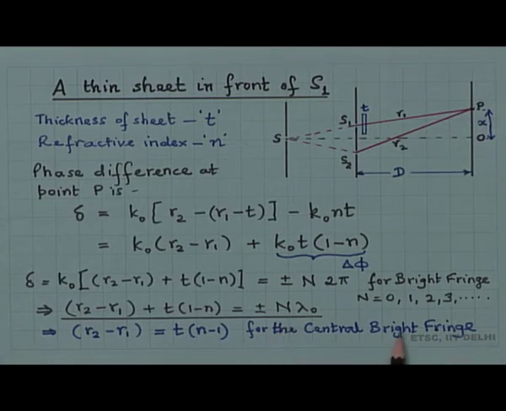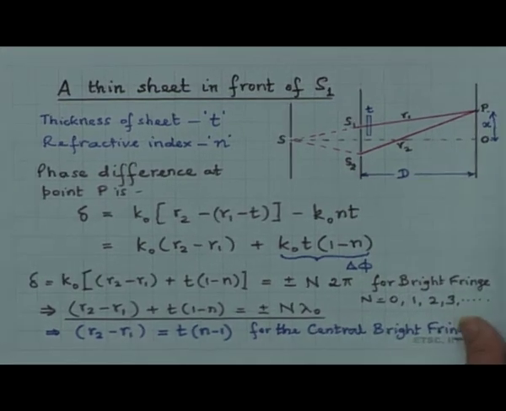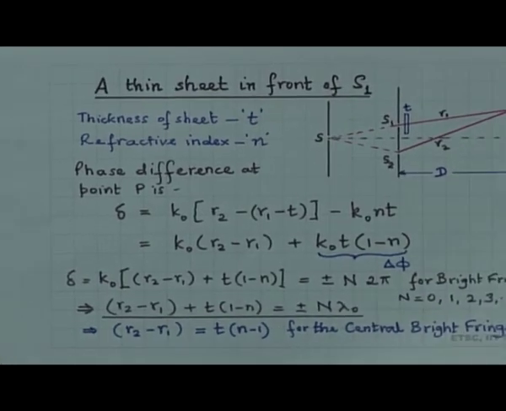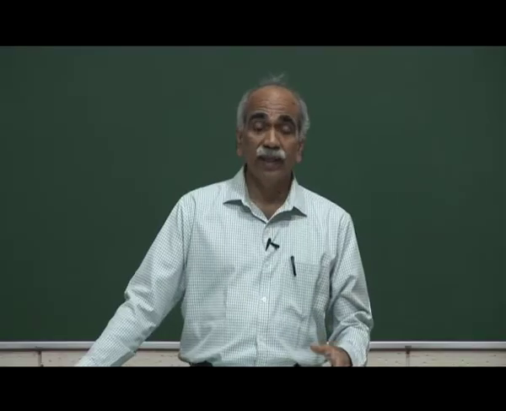So, for the central fringe or the 0th order fringe, this is equal to 0, and what we have is R2 minus R1 equal to t times (n minus 1). This is taken to the other side, therefore t times, we have interchanged, n minus 1.